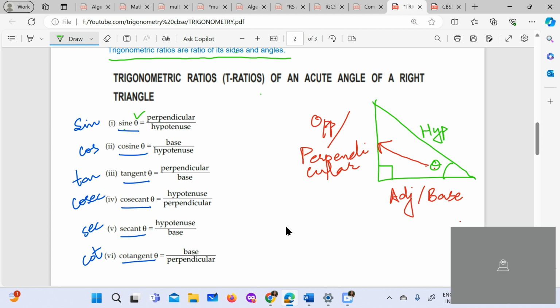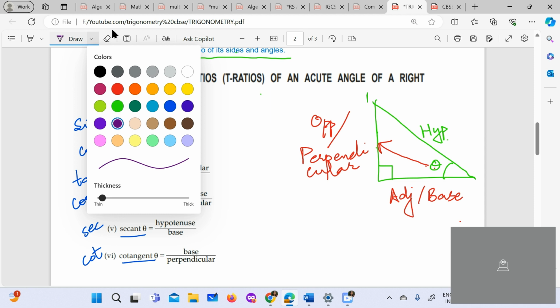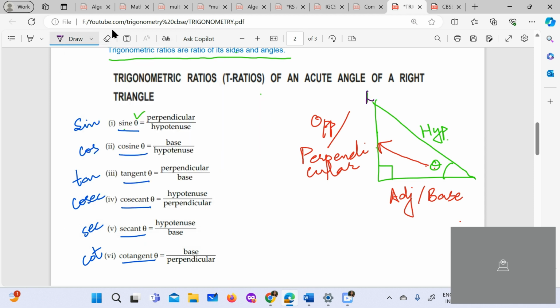Now, sine theta is perpendicular upon hypotenuse, meaning this length upon this hypotenuse. I hope this is clear. So sine theta is the ratio of perpendicular upon hypotenuse. Suppose I mark here L, M, N. Then I can say that sine theta is LM upon LN.